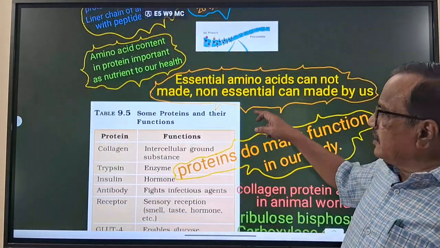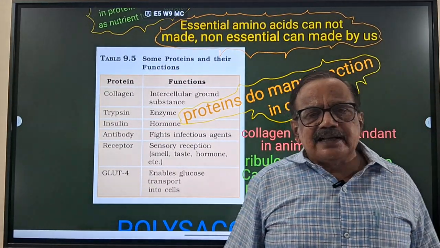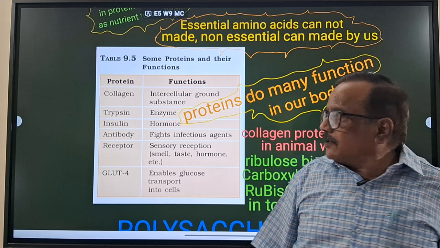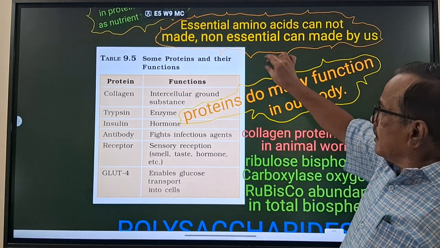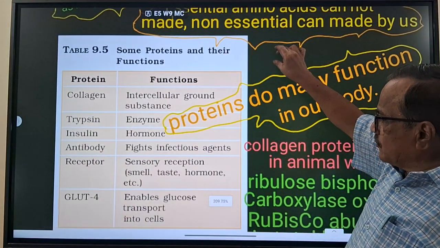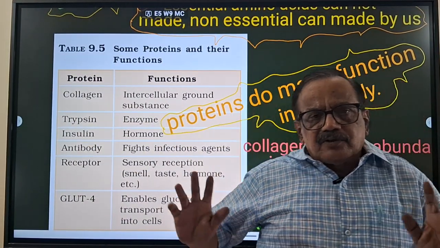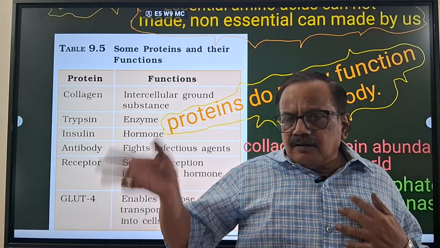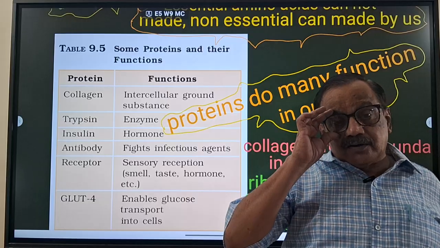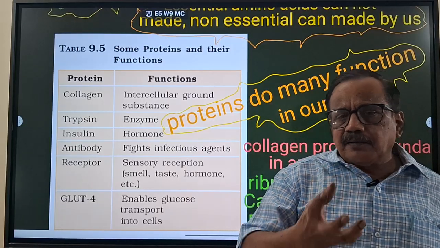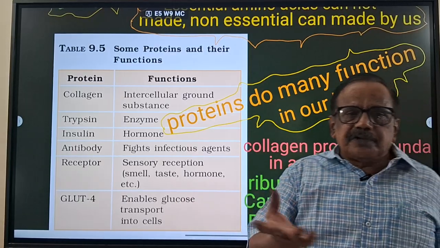And next, proteins are very important for function. Here are some proteins and their functions. Based on this, 3 questions were given. Whatever tables he has given in biomolecules are all important. From there he is picking all the bits, the neat points.